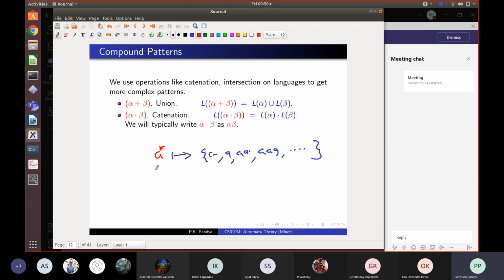Similarly, B star will denote B to the power n, where n is greater than or equal to 0. Same thing. I have written this in this kind of dot notation above. Here I have written it mathematically, right? So these two languages are given to you. Now what is the pattern A star dot B star, A star catenated with B star? What will this give? What kind of language will this give?